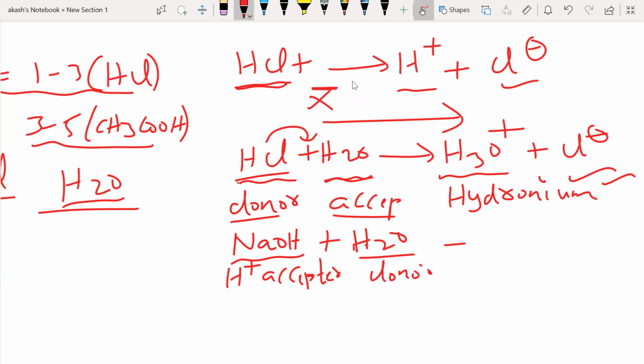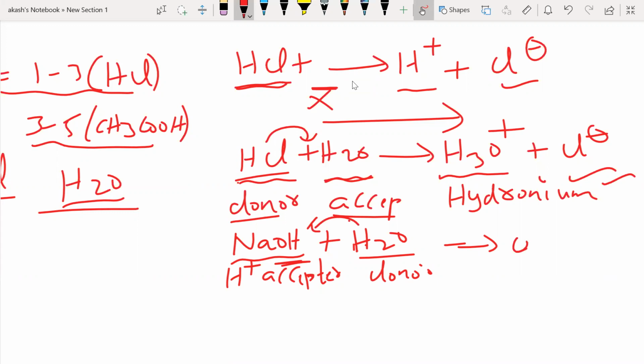Now what is going to happen? This OH minus is capable of abstracting a proton. So OH minus from here is going to abstract an H plus from this. If from H2O I abstract H plus, what will be remaining?